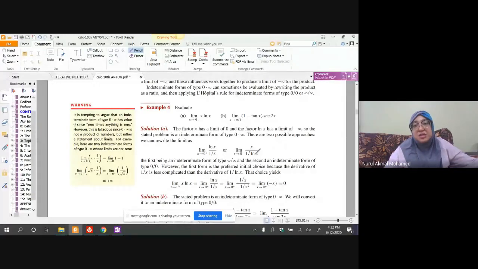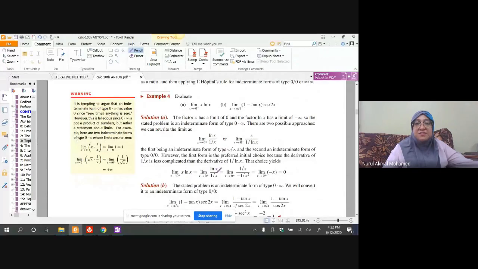Okay, this is 0 over 0. What about this one? Ln 0 will give you negative infinity. 1 over 0 gives you infinity. So infinity over infinity. So obviously you can apply L'Hopital rule as well. Okay.